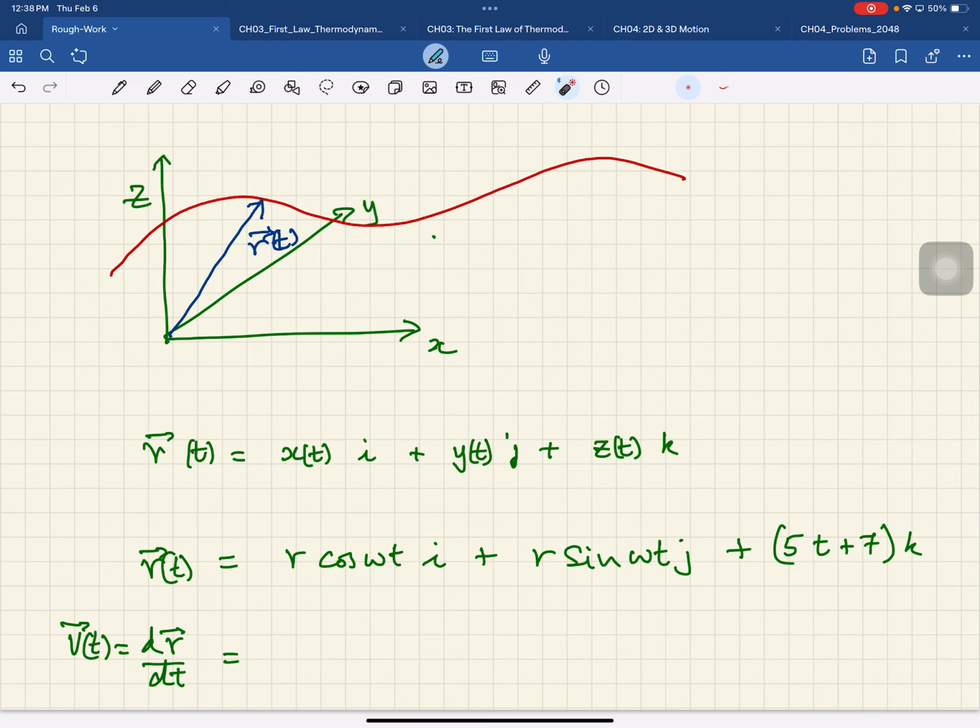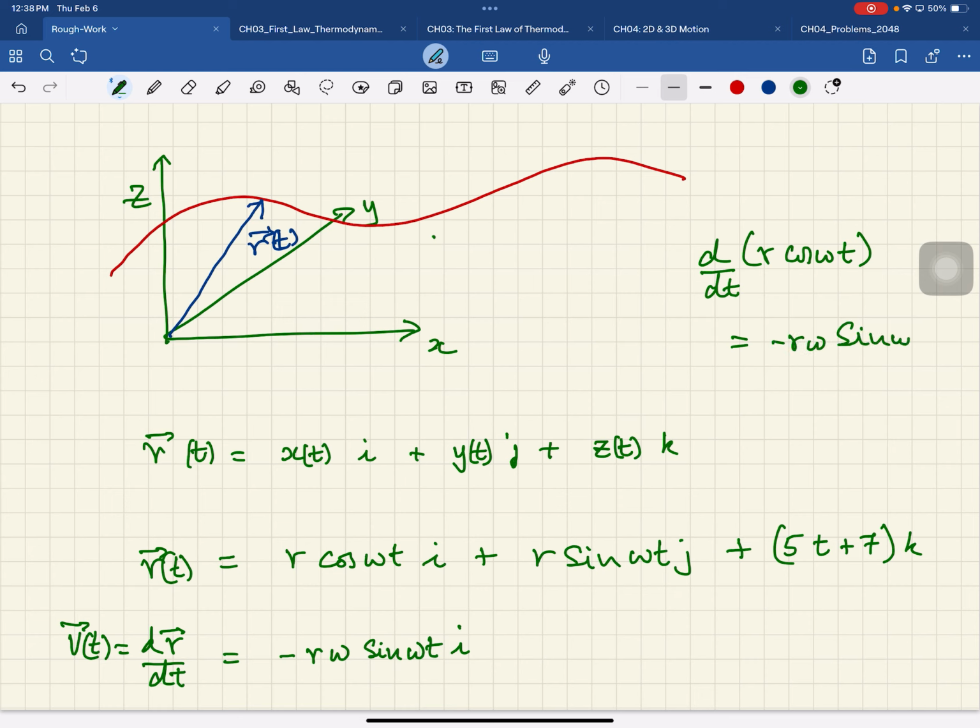What is the derivative of cosine? Very good, negative sign. So it's minus R, and omega is a constant, sine omega t i. So d by dt of R cosine omega t: R is a constant, so from the chain rule, we get that.